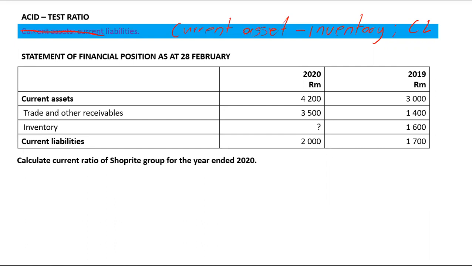And that was the case with a lot of companies in South Africa, especially in the food industry. A lot of restaurants had to close down because they rely more on their inventory, and without inventory, there was no business for them. May you guys please calculate the asset test ratio here.